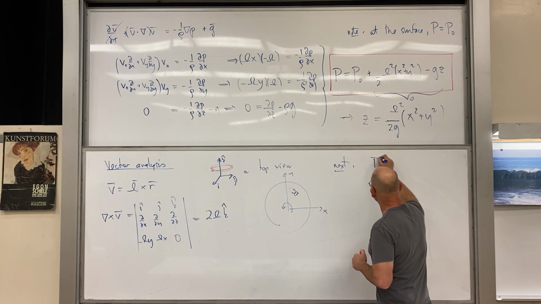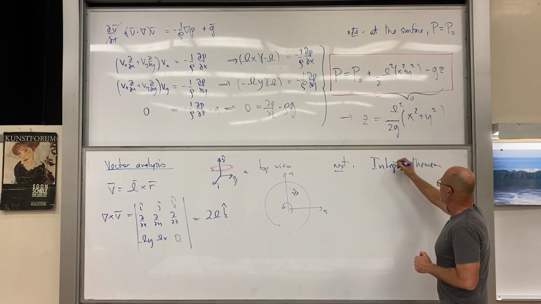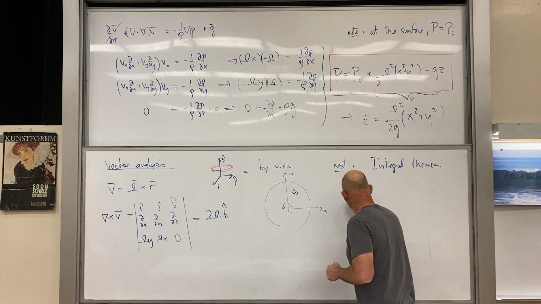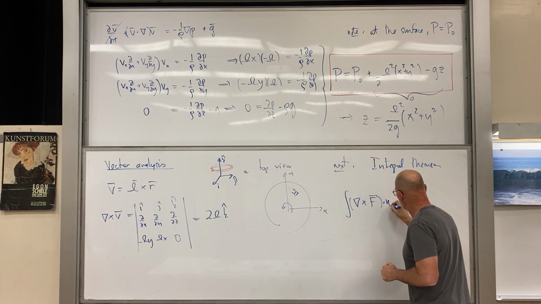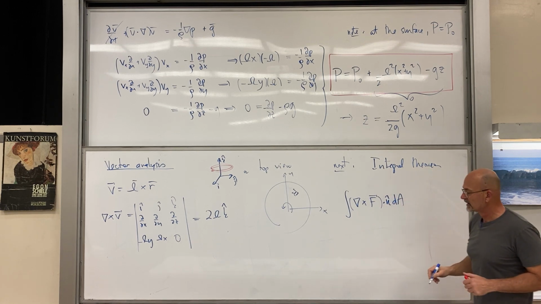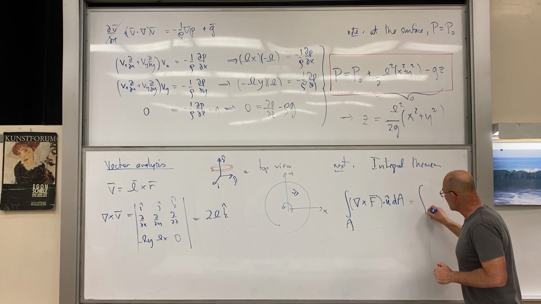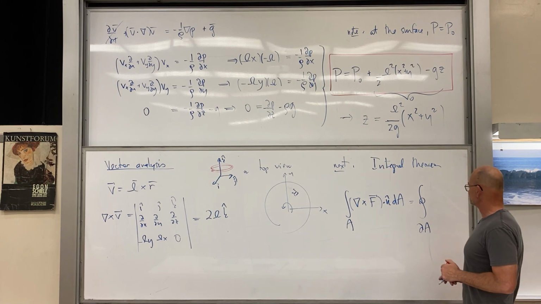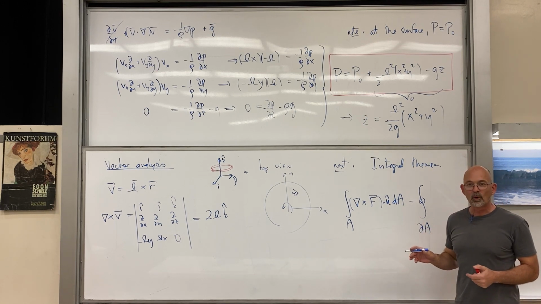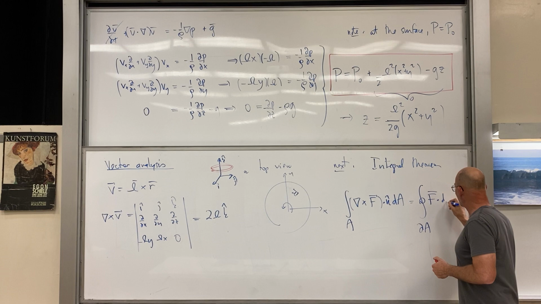So, integral theorem, and we have the curl of a vector dotted into a surface normal, and I'll just say area here, that's equal to the line integral around the boundary of that area, with all the appropriate orientations, of f dot dl.